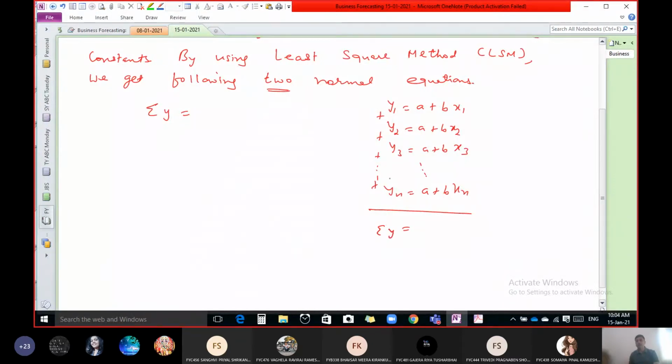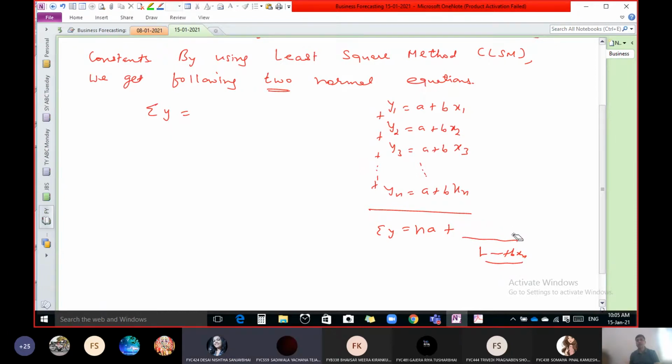Can you tell me what we have to write here as a first step? a plus a plus a, how many times? n times. So what is the total of this a plus a plus a up to n times? a into n, or n into a, it's the same thing. Now here it is bx1 plus bx2 plus bx3 up to bxn. Is it possible to take anything common from this?